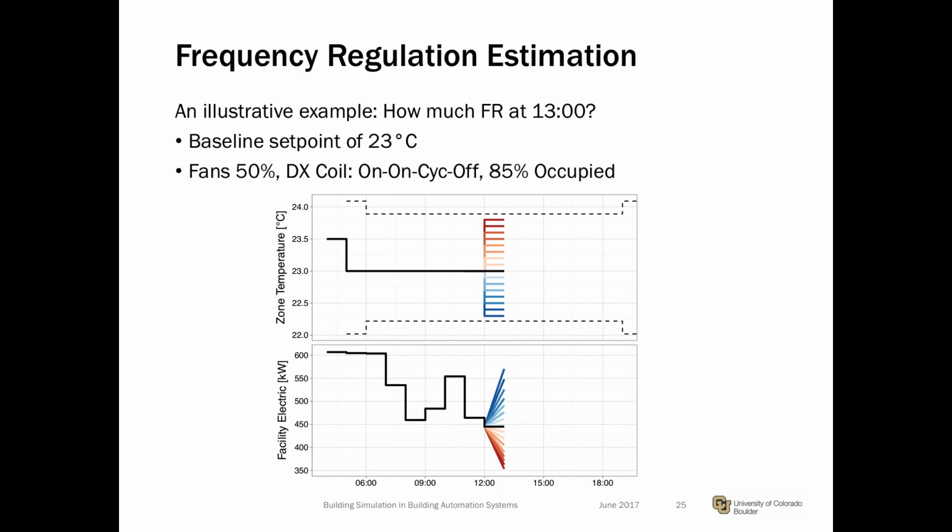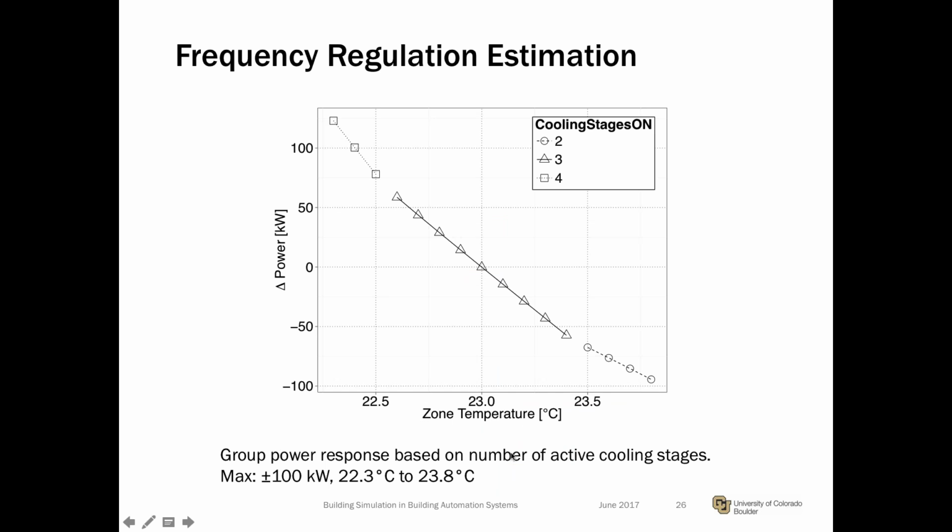We have 4 direct expansion coils. 2 are on, 1 is cycling, and 1 is off. By depressing the set point into the blue region or releasing the set point into the red region, we can then achieve, as you can tell, a change in facility electric consumption, which is asymmetric, because in one direction the building floats, and in the other direction we actively depress the building's temperature.